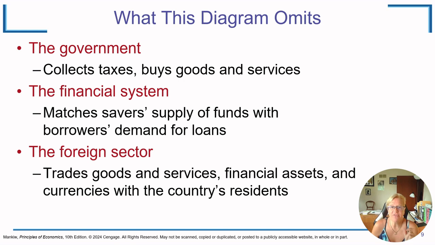So right now you have a very bare bones skeleton when you talk about the economy. You just have expenditures, or you just have the income approach. But what we're going to do throughout this course is add in each element of the government, the financial system, and eventually we're going to look at the foreign sector, meaning how we interact with the rest of the world.